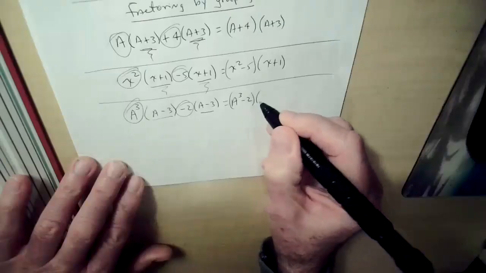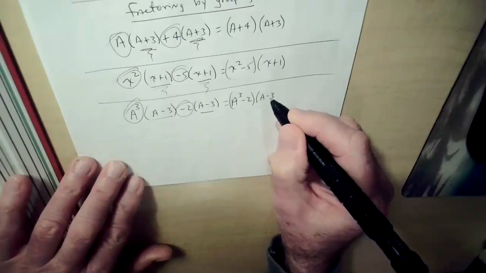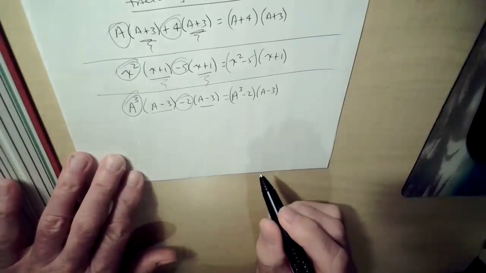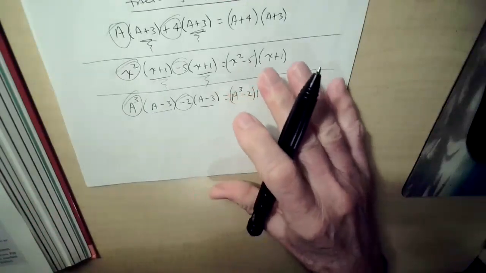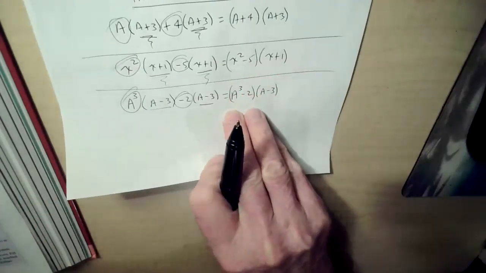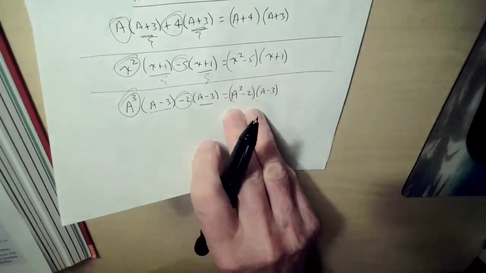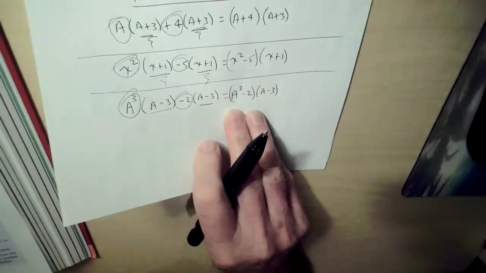So we're going to group this and this. A cubed minus 2 times A minus 3. Right. Group those together, ergo the name factoring by grouping.